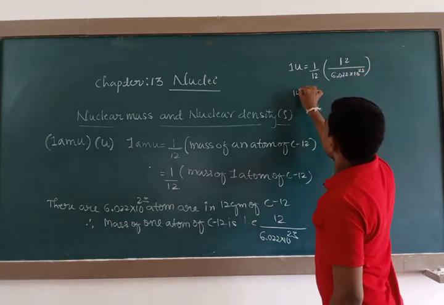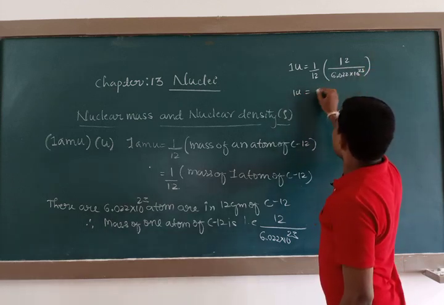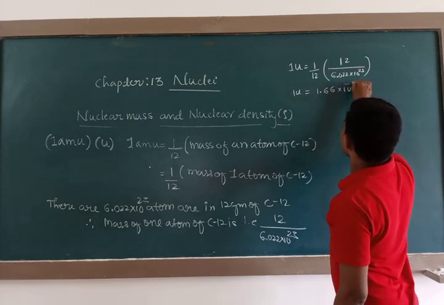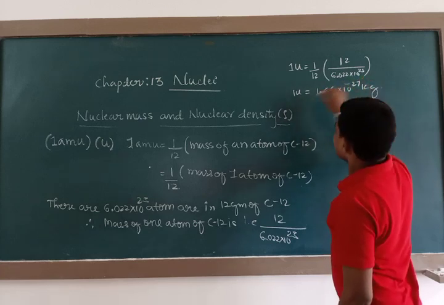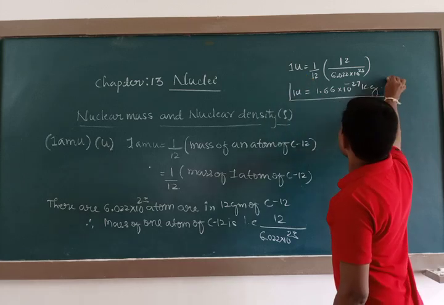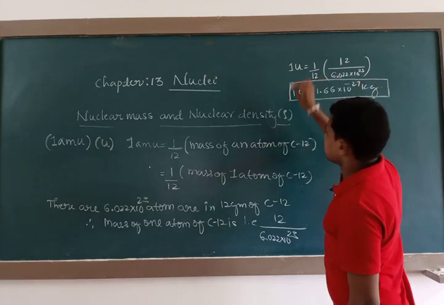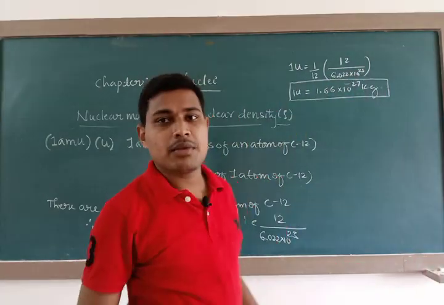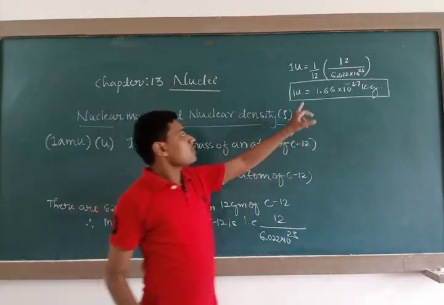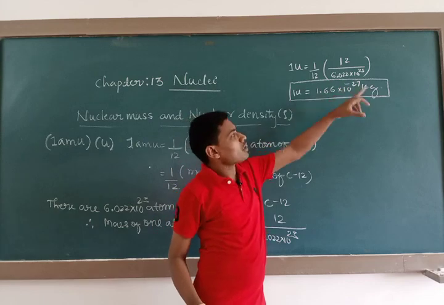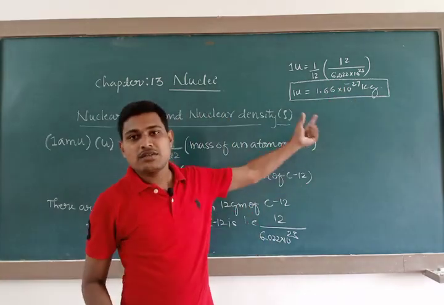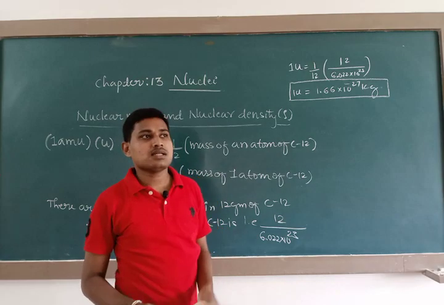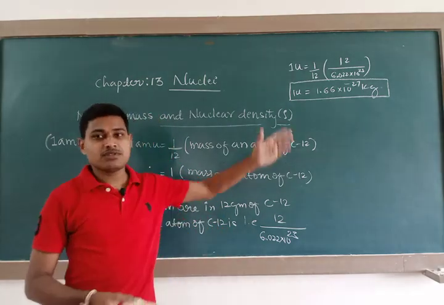If I simplify, 1 U is equal to 1.66 into 10 to the power of minus 27 kg. So one atomic mass unit, that is a nuclear mass, is equal to 1.66 into 10 power minus 27 kg. And this value is nothing but the mass of a proton or the mass of a neutron.